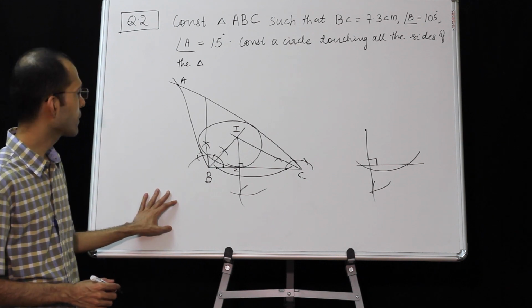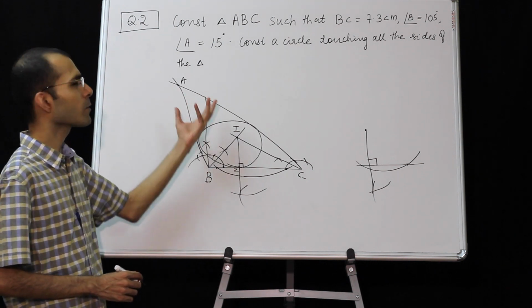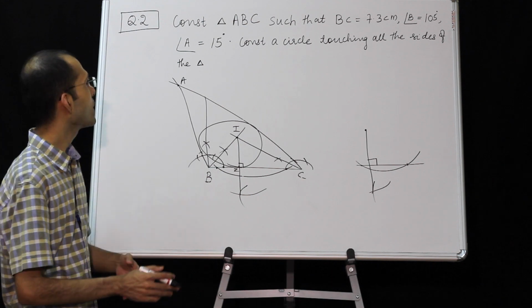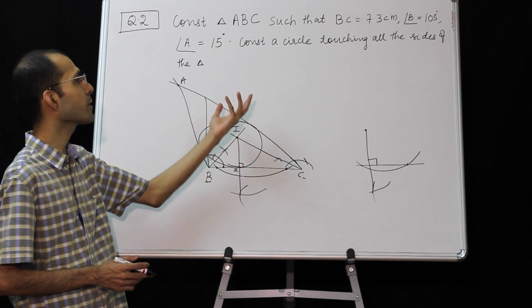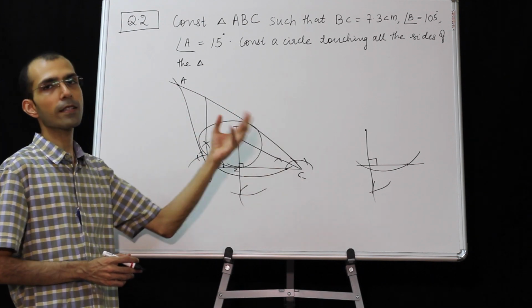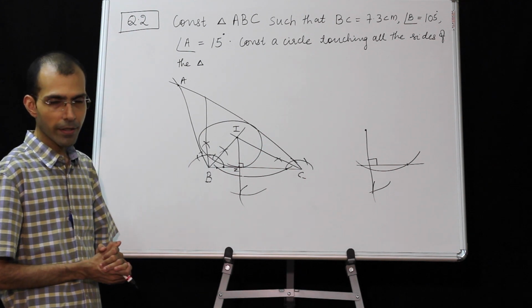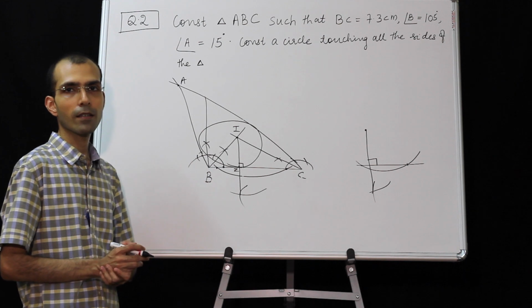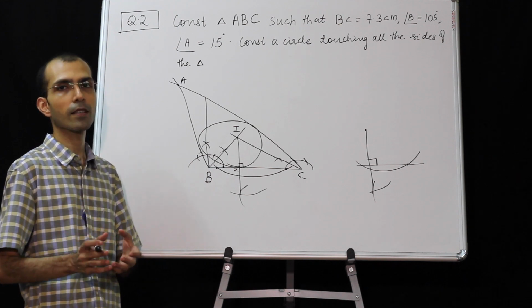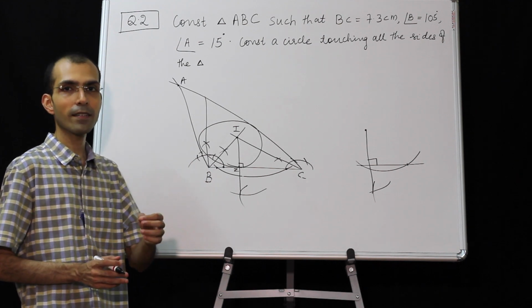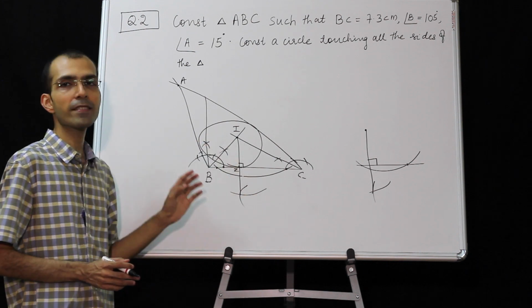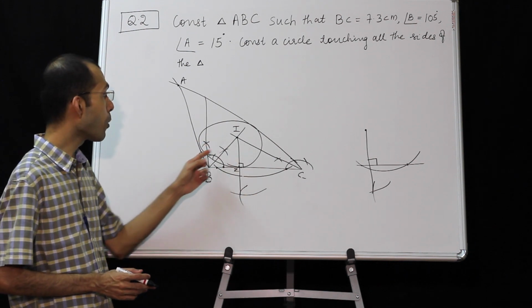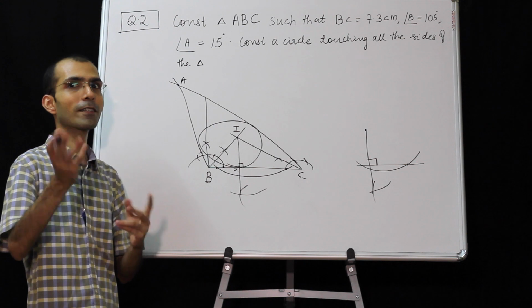Comfortable with this? This question can also be modified a little. Instead of saying construct a circle touching all the sides of the triangle, it can also be framed as construct a circle whose center is equidistant from all the sides of the triangle.